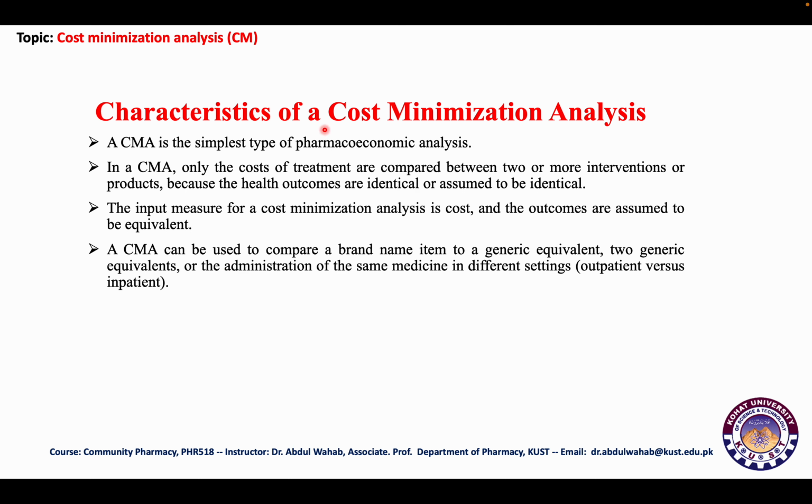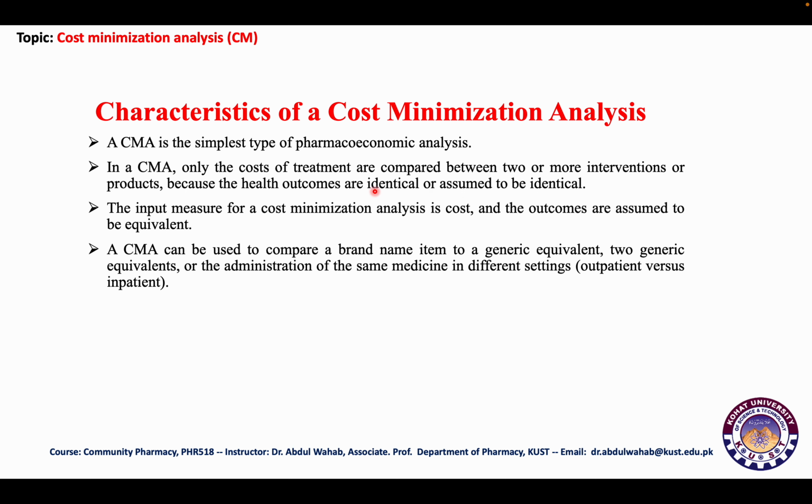The characteristics of cost minimization analysis. Cost minimization is the simplest type of pharmacoeconomic analysis. In a cost minimization analysis, only the cost of treatments are compared between two or more interventions or products because the health outcomes are assumed to be identical.